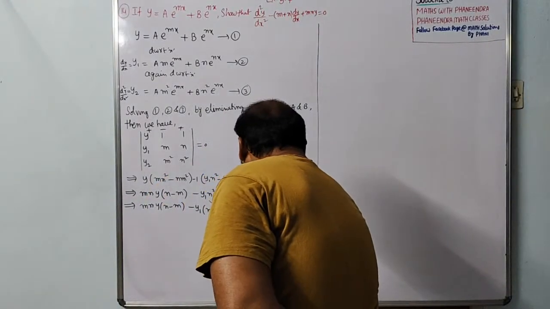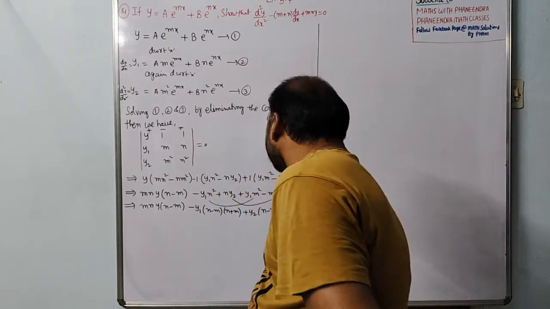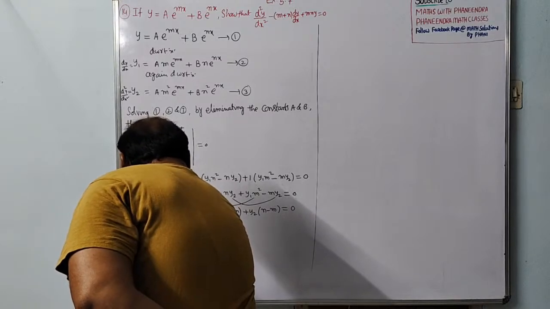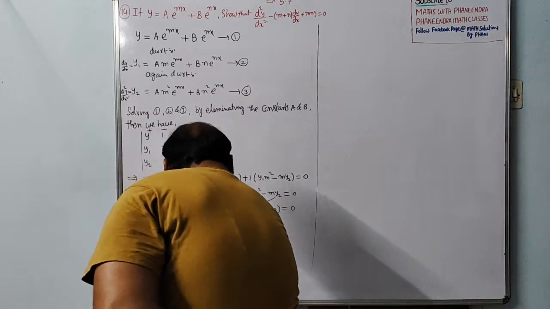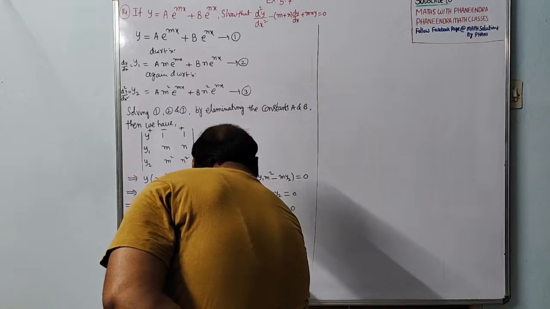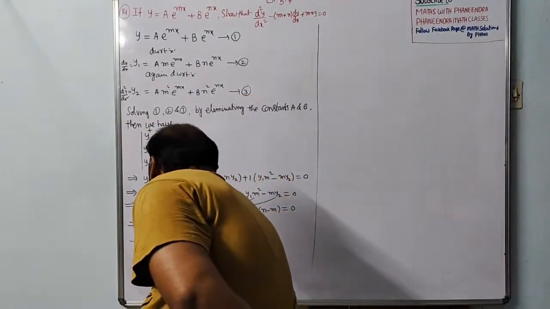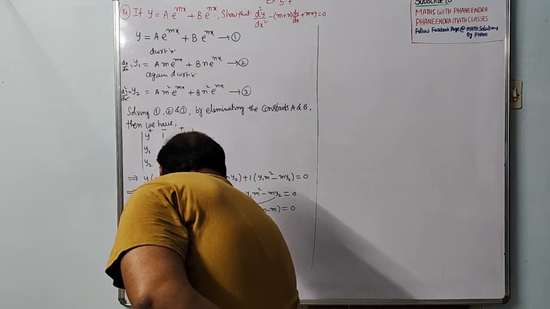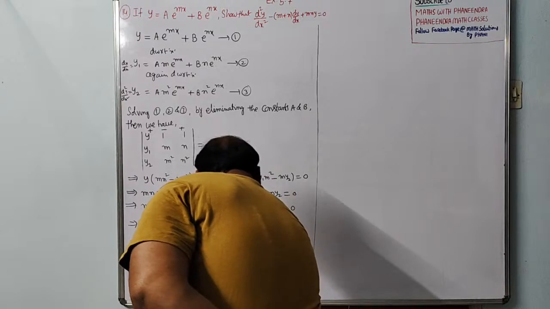Next from these two, y2 we are taking common, n minus m. So n minus m take common: ymn minus y1 into m plus n plus y2 is equal to 0. So n minus m, cancel this, you will get ymn minus y1 into m plus n plus y2 equal to 0.